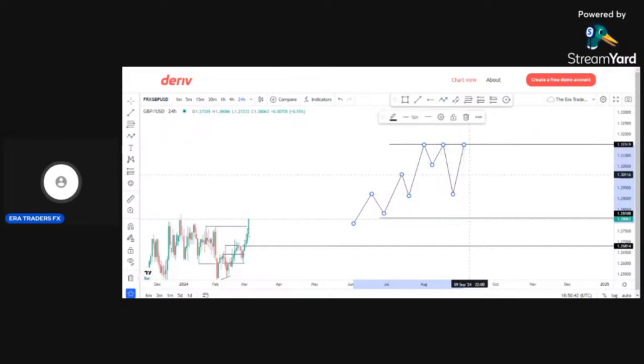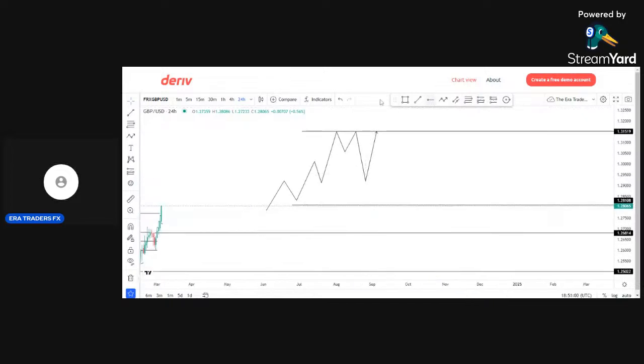You know that the market will definitely trade into that region. Because we are smart money traders or ICT traders, we don't see this as a double top. We see it as liquidity. So we have equal highs, equal lows.